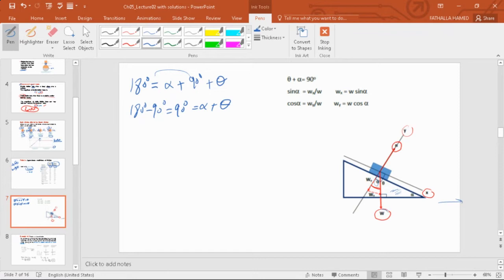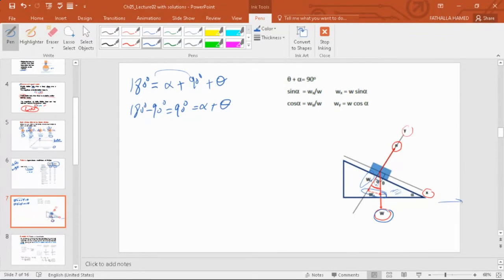Now, when you have the weight, you have to take components of this weight. So when you look at this, this is acting this way. So it will make an x component this way, because this is our x-axis, and it will make a y component which is basically pointing along the y-axis.